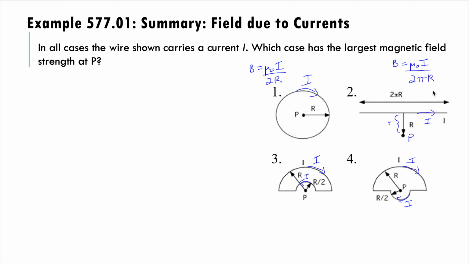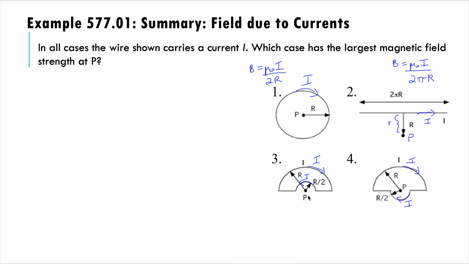What I want you to think about, first of all, is what happens to the magnetic field because we have this smaller little inside loop here where the current is going counterclockwise for number 3, but it's going clockwise for number 4.